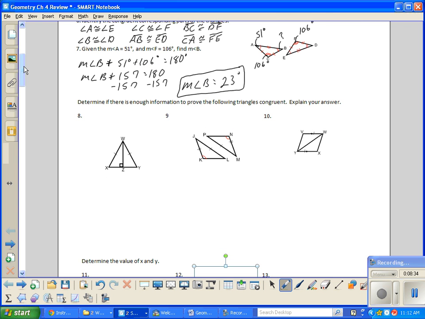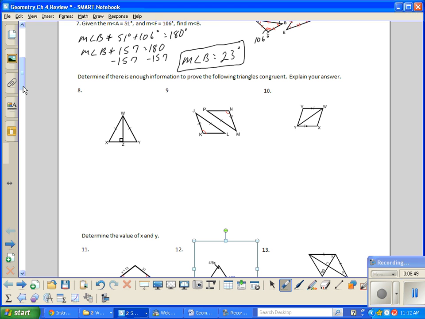Then 8, 9, and 10 are kind of like that congruent triangles worksheet, trying to decide if there's enough information to prove the triangles are congruent, and then explain the answer. And so number 8, we've got one side marked congruent, WX and WY congruent to each other.